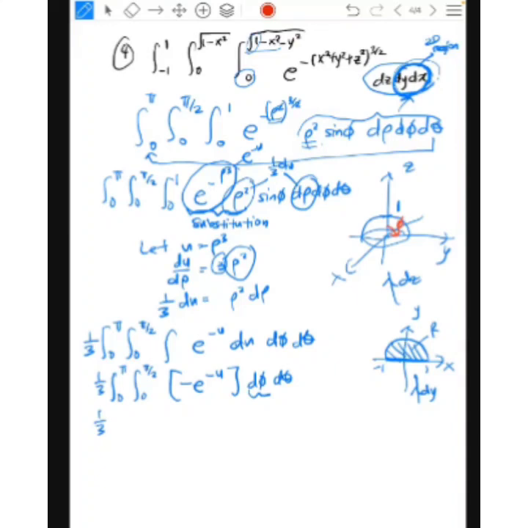Okay, before anything, let us substitute back the u will be negative rho to the power of 3, in which u is from 0 to 1, and then the phi will be phi. Oh, there's still sine phi, sorry. Saya terlupa yang ini, so dia ada sine phi, d phi, d theta.